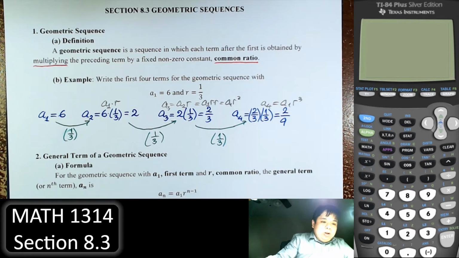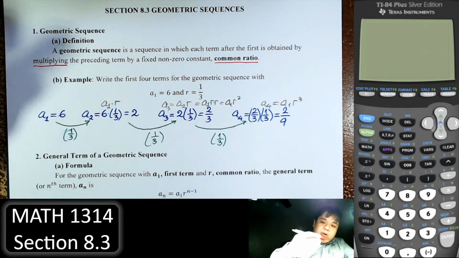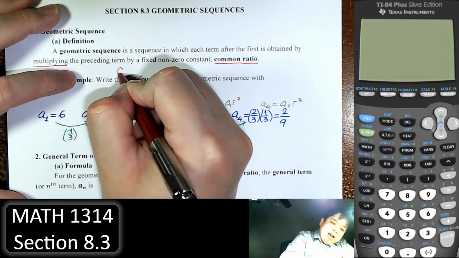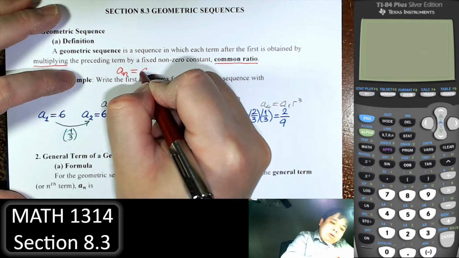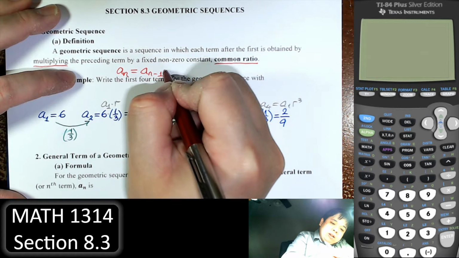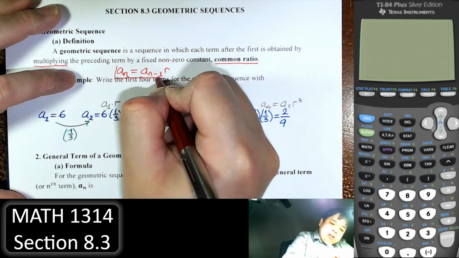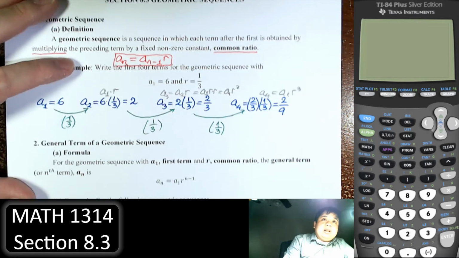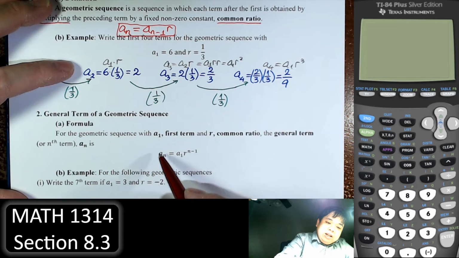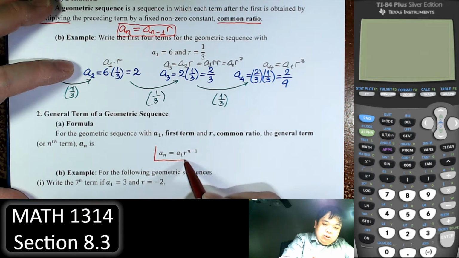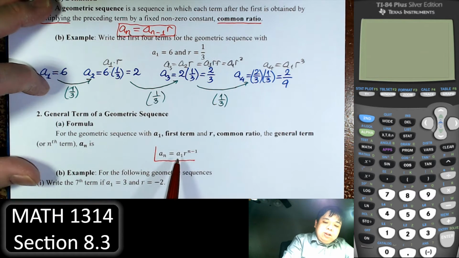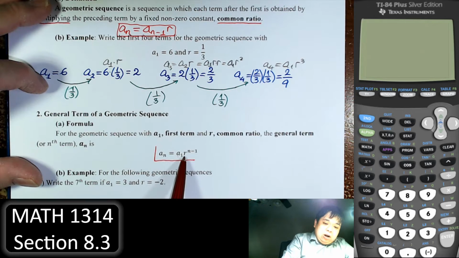So in general, the formula recursively is A sub n equal to the previous term times r. But in general, we can say A sub n is equal to the first term times r to the n minus 1.